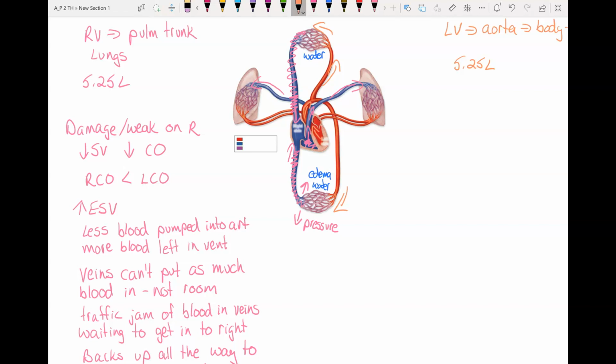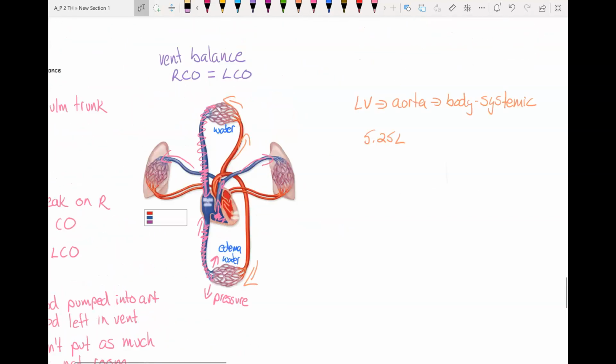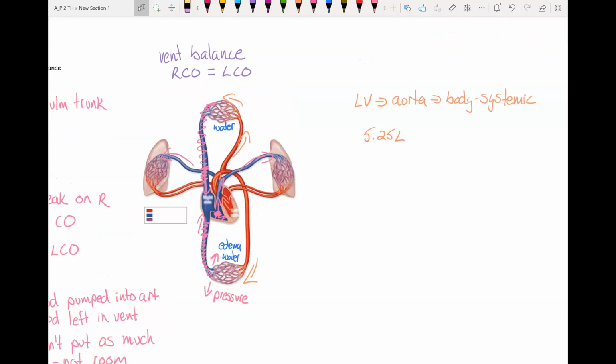Now let's look at the left side. Same concepts here, just in a different place. The left ventricle is pumping into the aorta, which goes out to the body. So let's say if you have damage or weakness on the left, then you're going to have less blood being pumped out into the systemic circuit.